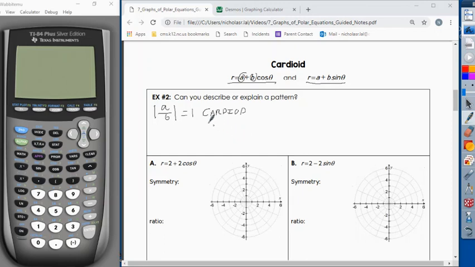If the ratio of a over b is greater than 1 but less than 2, then the shape that's going to take place is called a dimpled limaçon. If a over b is greater than or equal to 2, then our shape is going to be called a convex limaçon.